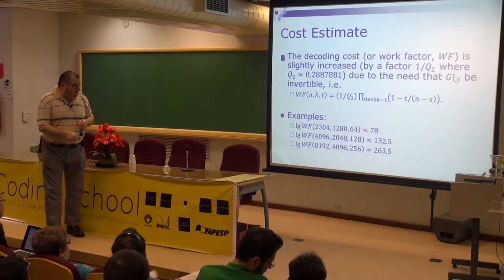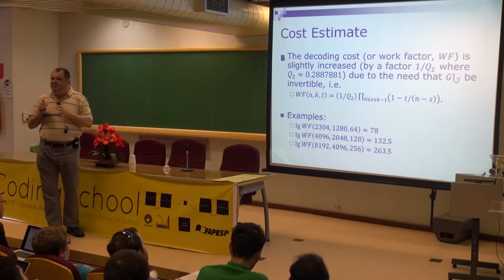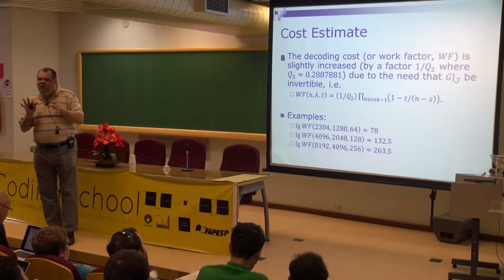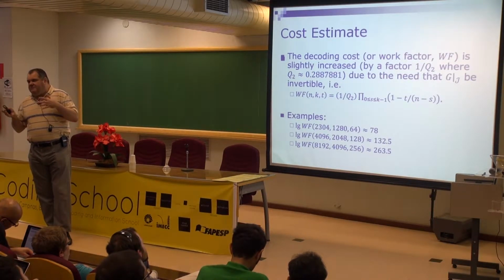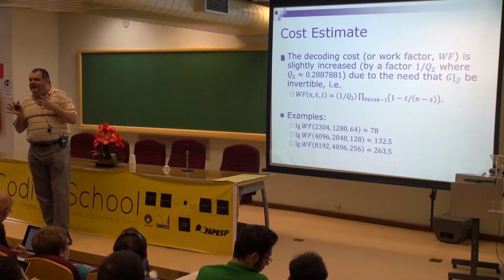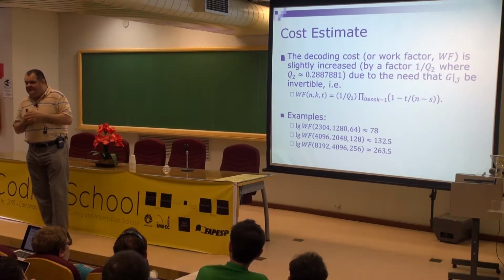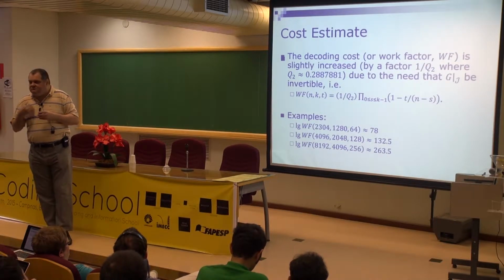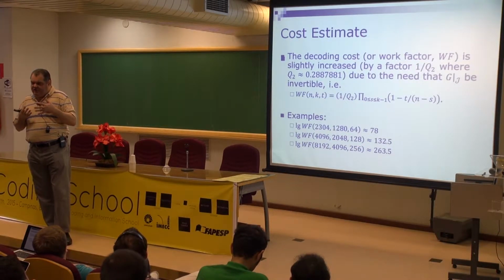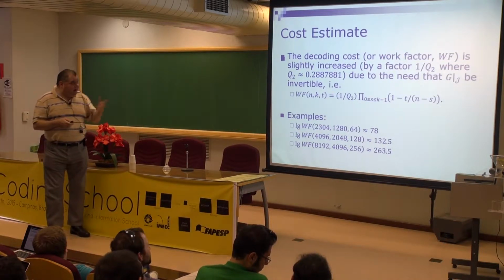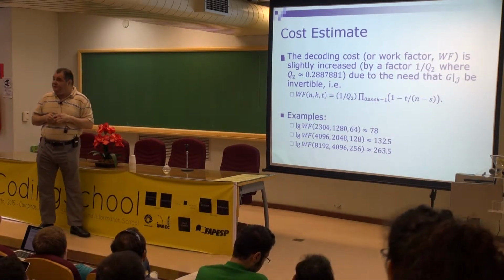So we already have a very rough guideline to what the actual parameters will look like, assuming that we don't use a code that has any kind of vulnerability, any kind of internal structure that an attack could use to find a shortcut to extract more information quicker than doing this. Okay?